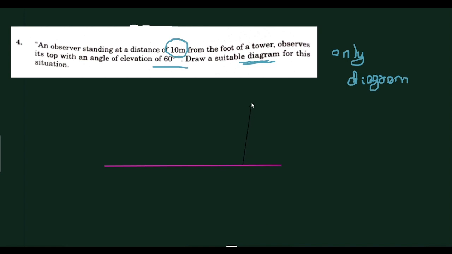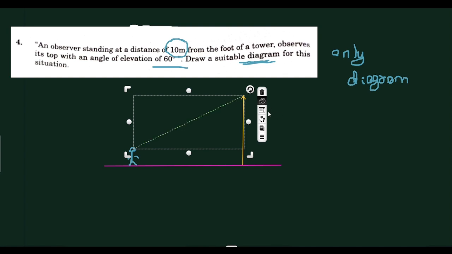I'm just drawing the tower like this, and the observer is at a 10 meter distance, standing here. Its angle of elevation is nothing but looking upwards, so this is the angle of elevation of the observer towards the top of the tower.